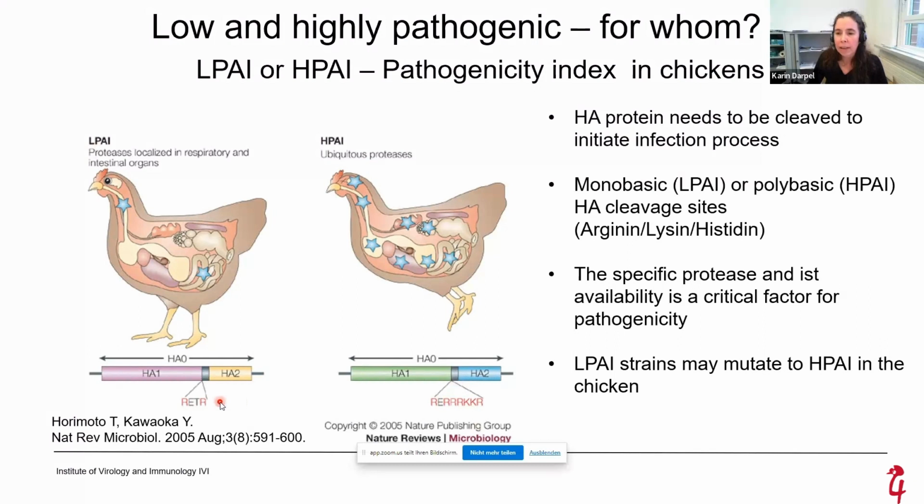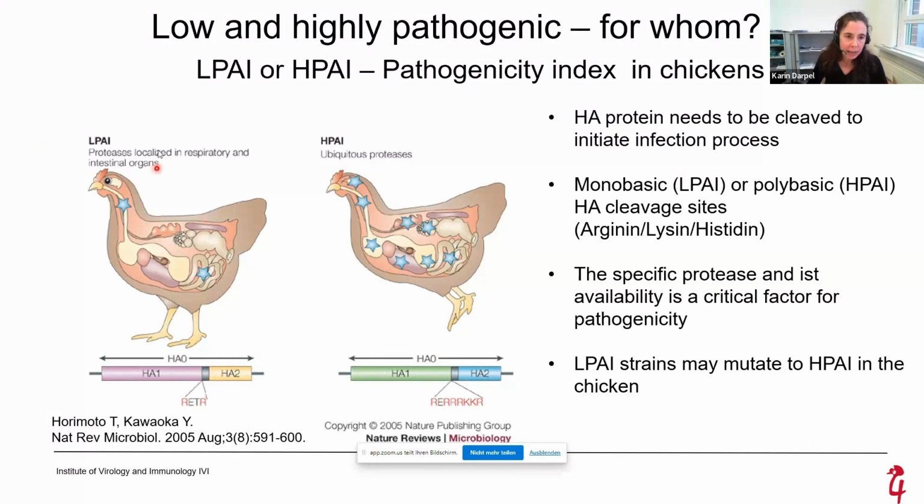So in low pathogenic avian influenza strains, this is a monobasic cleavage site, and in highly pathogenic avian influenza strains, this is a polybasic cleavage site. And that means different proteases can cleave this HA protein. Which proteases can cleave these HA proteins and where they occur is a critical factor for the pathogenicity.